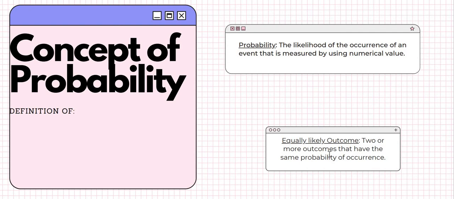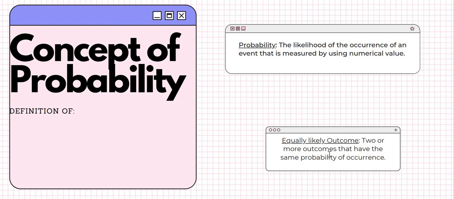So probability means you take the value of, for example, the event of getting head, which is 1, over the total of all outcomes. The total outcome just now is 2, head and tail. So the probability that you get head is 1/2. Same thing for tail: the event that you get tail is also 1/2.